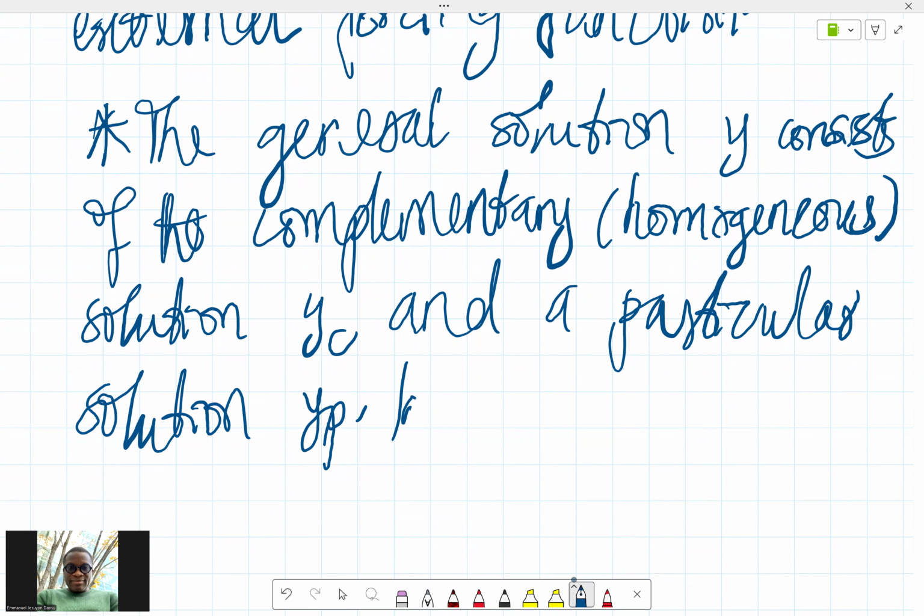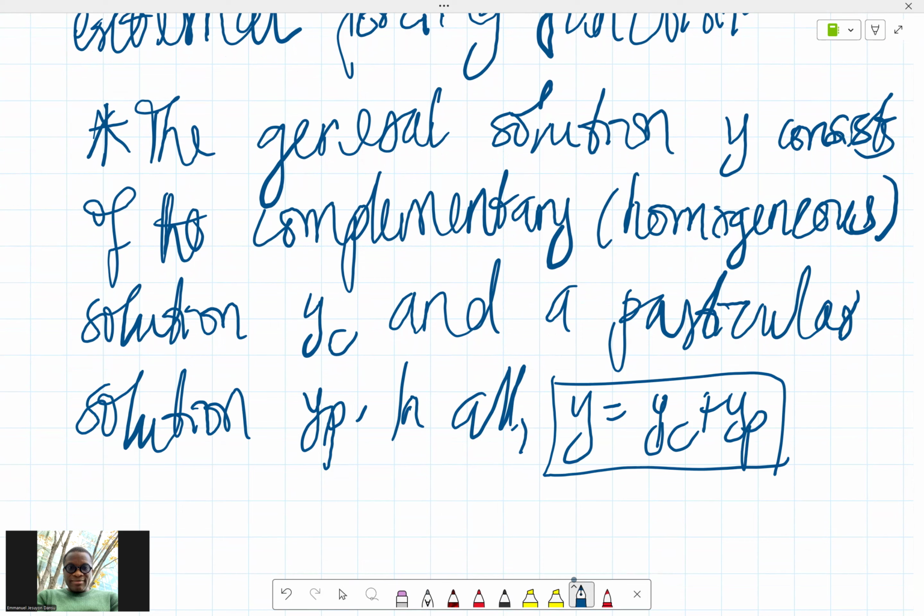So in all, we have that y is equal to yc plus yp. Okay, that's how that goes for non-homogeneous.